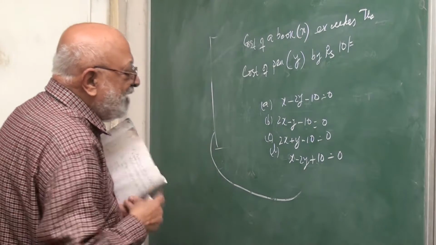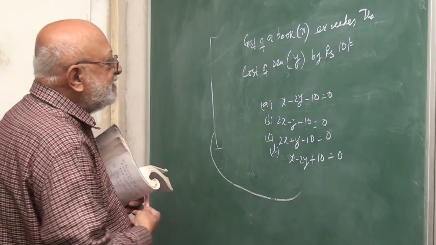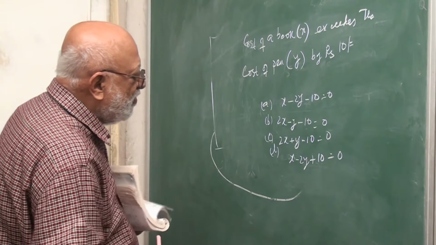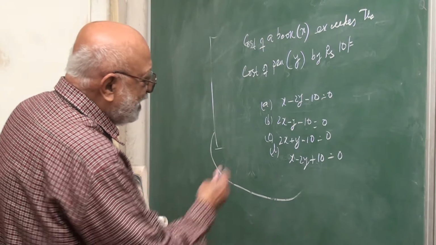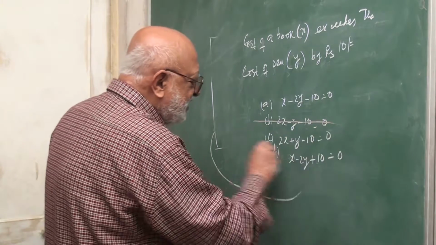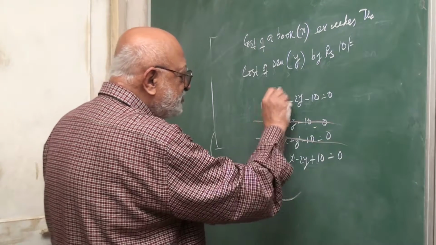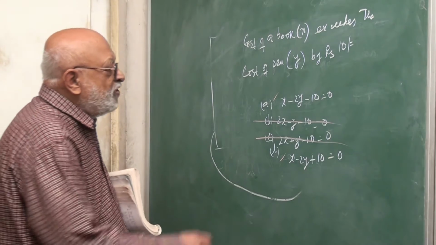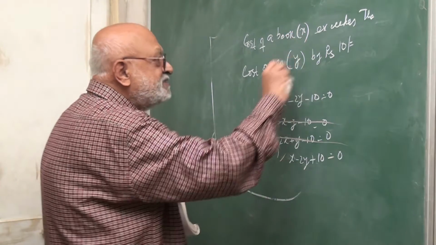First of all, if I am attempting this, it says cost x should be 2y. So 2x should not be there. So my choice should be in between these two.